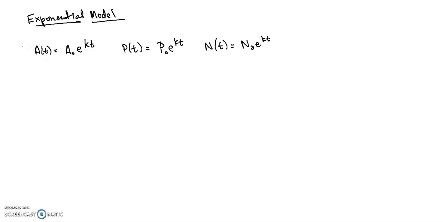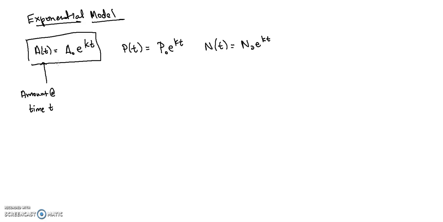So looking at the A version, let's talk about that one. A of t is a function. It's not A times t, it's A of t, P of t, N of t. So this is the amount at time t, and t will be specified by the problem. It has to agree with the rate, so it could be hours, days, weeks, years.